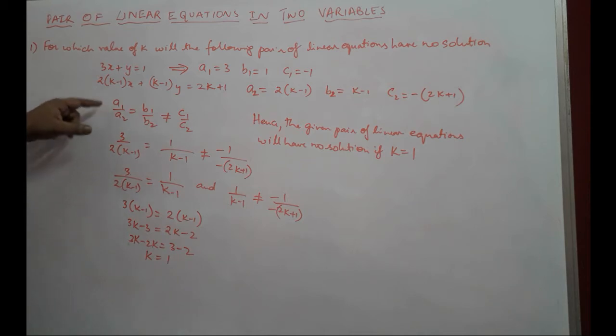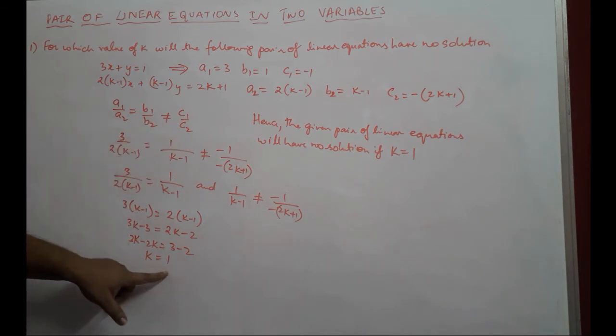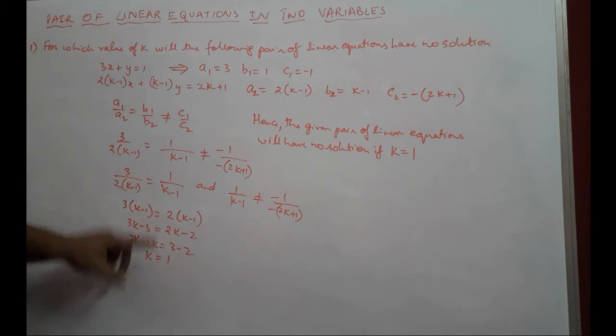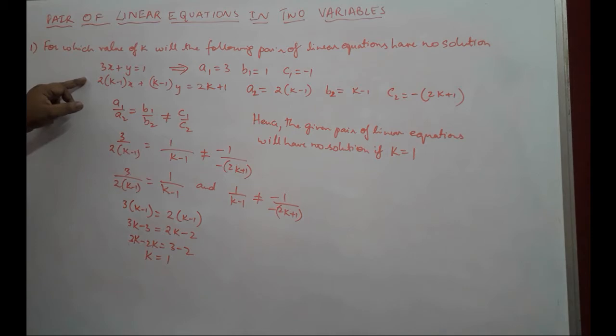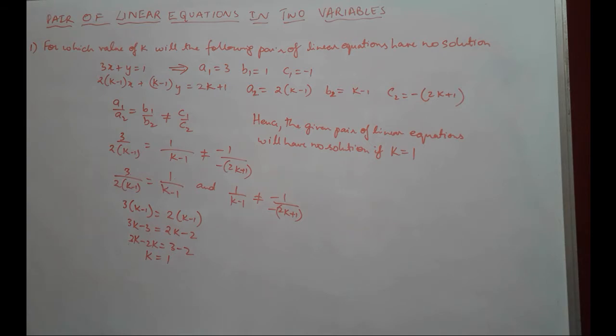Okay, and we got the values of the coefficients, and so we substitute the value of coefficients in this condition to get the value of k, and we arrived at the solution that for this particular value of k, these pair of linear equation gives us no solution. Understood? We'll solve some more problems.